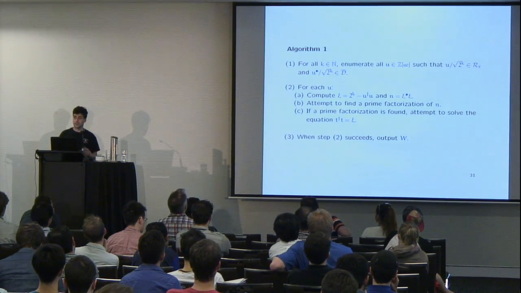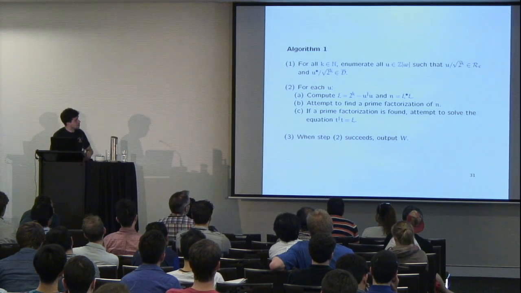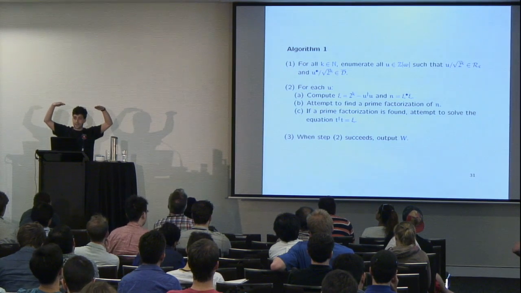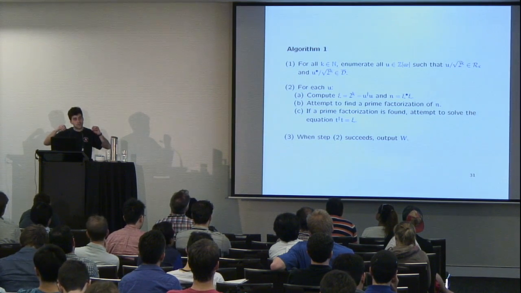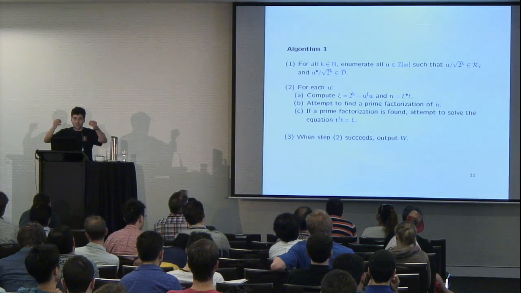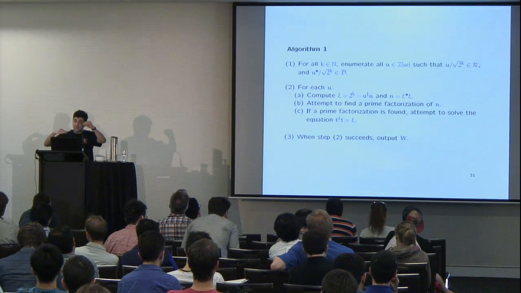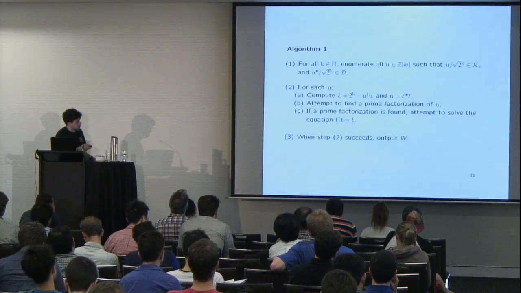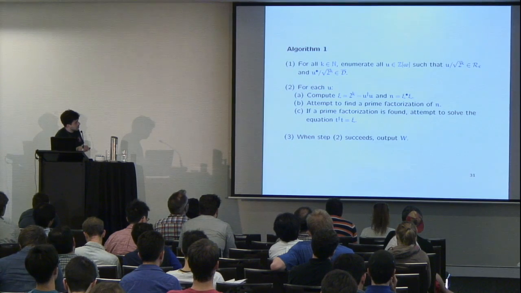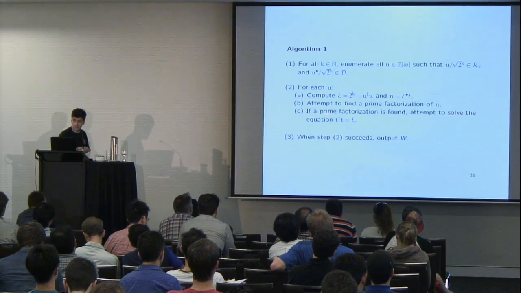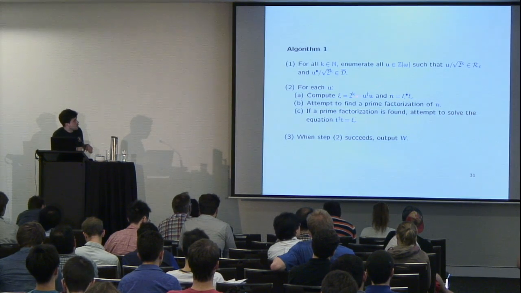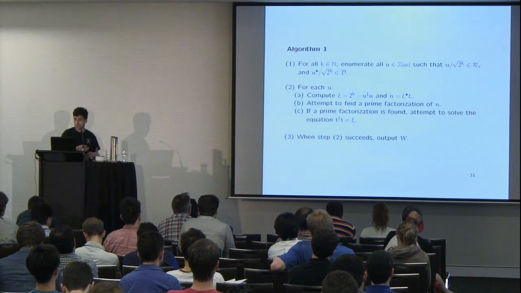So here's the algorithm. You're going to enumerate candidates in order of increasing k. It's like you're enumerating the elements of the matrix in order of increasing T count. So you start with k equals 0 and move on, finding all the candidates, and every time you find one, you try to see if you can complete it into a matrix by first computing psi and n, and trying to find a prime factorization for n.